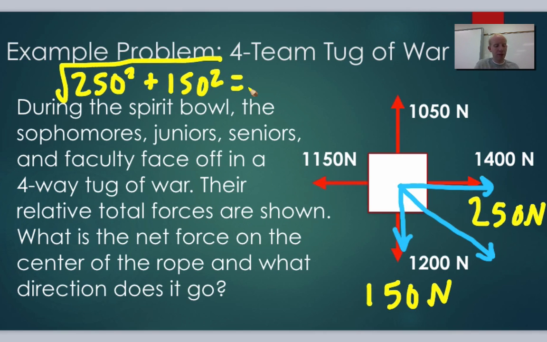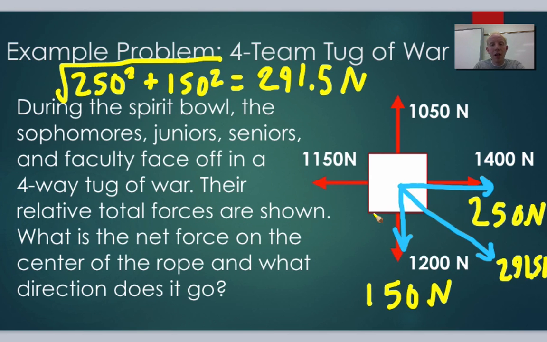That will give us that the net force is, don't forget to square root, by the way. Should get about 291.5 total net force, 291.5 newtons. So that's the magnitude of this vector.